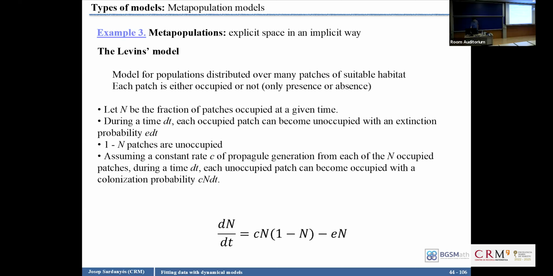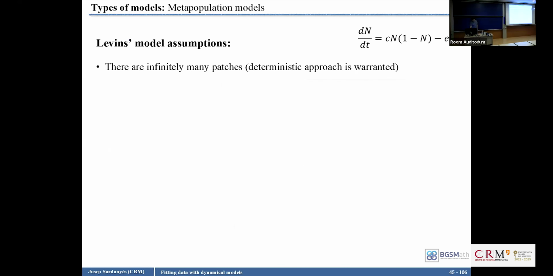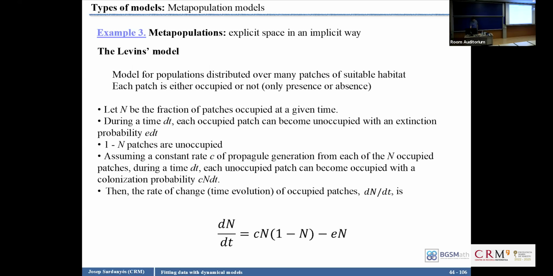If we assume a constant rate of propagule generation, so C is the colonization rate to other patches, then of course n will grow with the colonization probability C n dt, and dn/dt is the rate of change of the number of occupied patches. So this is a very abstract model.